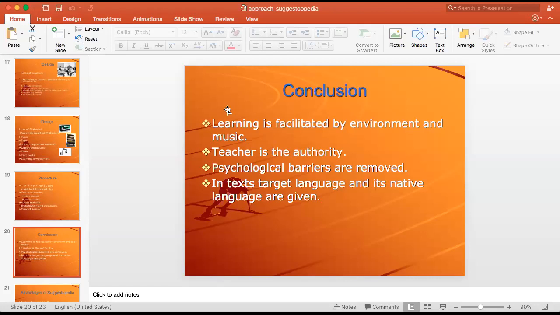The students may read the dialogues also with the translation.